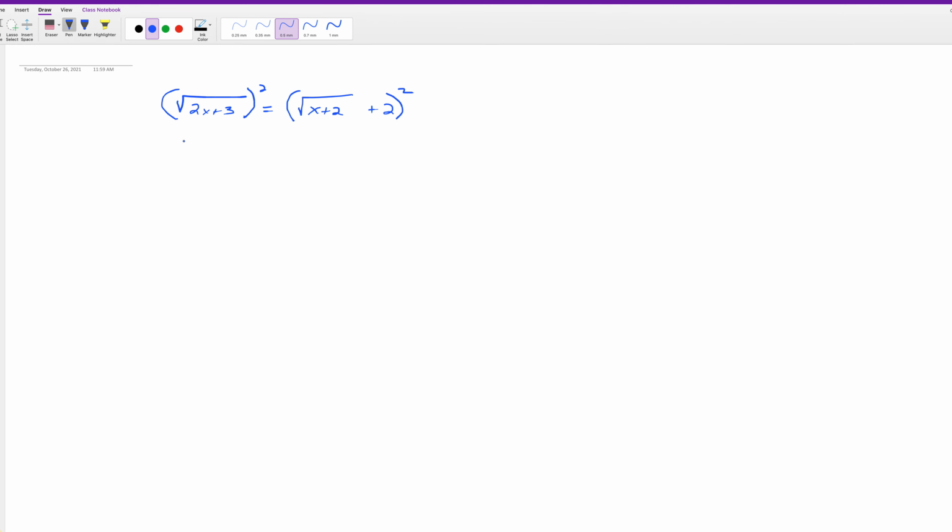So when we square the left, the square will reverse that square root, and I have 2x plus 3. And on the right, I will multiply out square root x plus 2 times square root of x plus 2. Okay, so thinking about FOIL, really, if I multiply firsts.